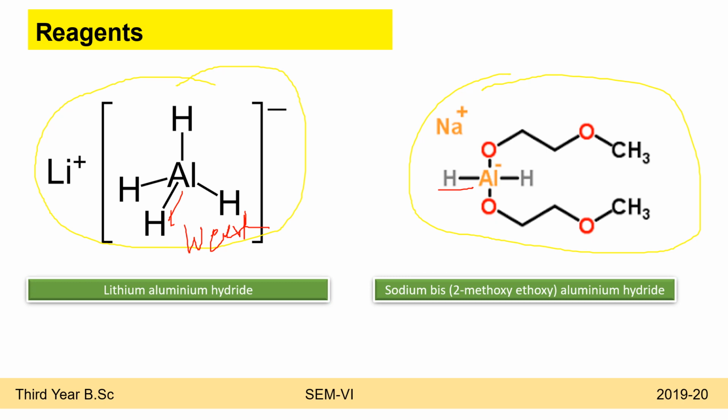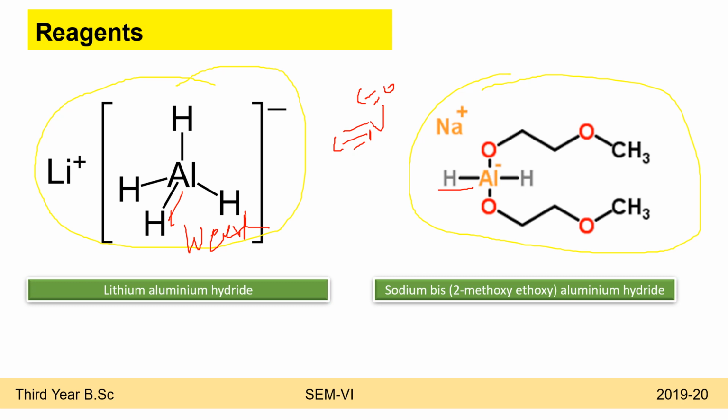Both the reagents are strong hydride ion reagents which reduce polar unsaturated groups such as carbon-oxygen double bond, carbon-nitrogen triple bond, carbon-nitrogen double bond, nitrogen-oxygen double bond, etc. They do not reduce non-polar unsaturated groups like carbon-carbon double bonds and carbon-carbon triple bonds, as these alkenes and alkynes are always unaffected by these reagents.